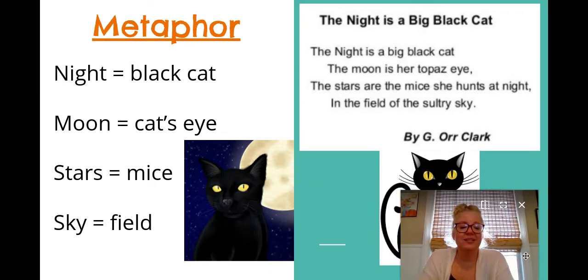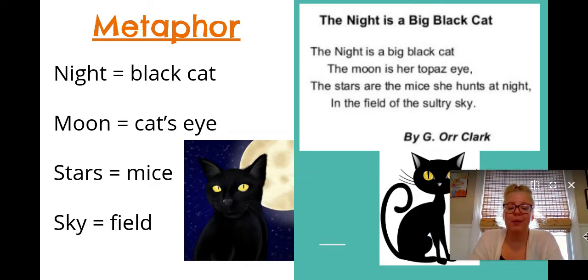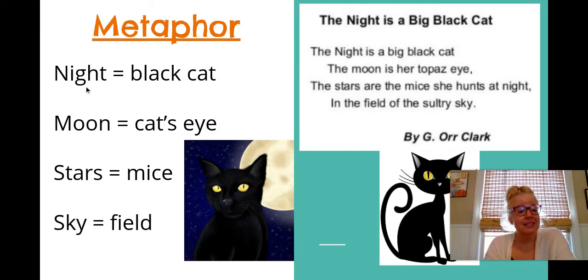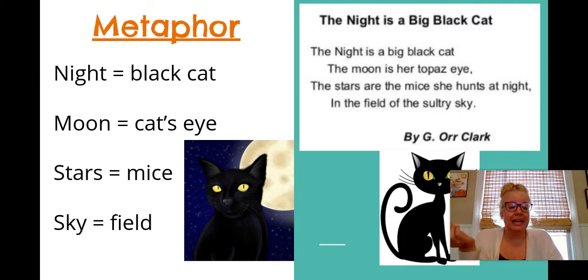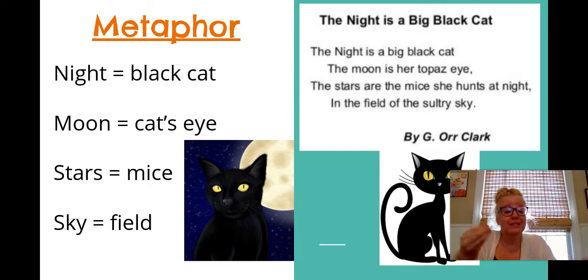So let's take a look at some metaphors that were used in that poem. The poet is saying night is a big black cat. So the poet is comparing night and a black cat. It's saying that night is a black cat, right? The moon, the author is comparing the moon to the cat's eye, right? The moon is her topaz eye.